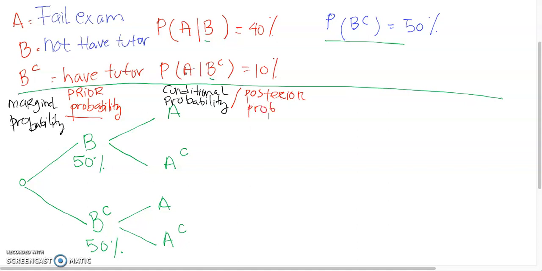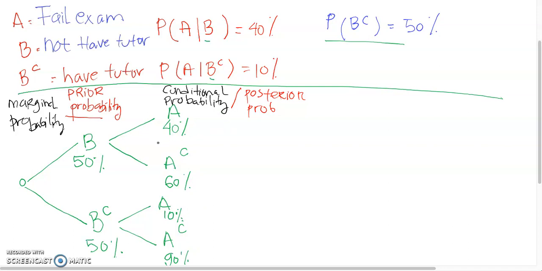And from the problem, we know that A after B is 40%. So this is automatically 60%. And fail with tutor is 10%. And not fail with tutor, of course, is the rest, 90%.